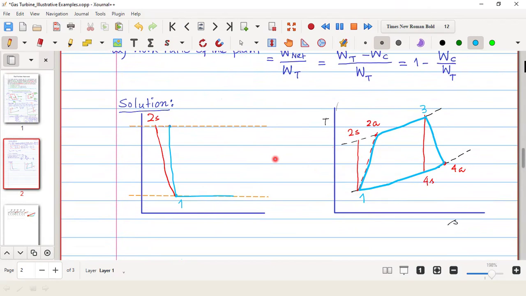If this is 3, then 3 to 4 will be somewhere here.